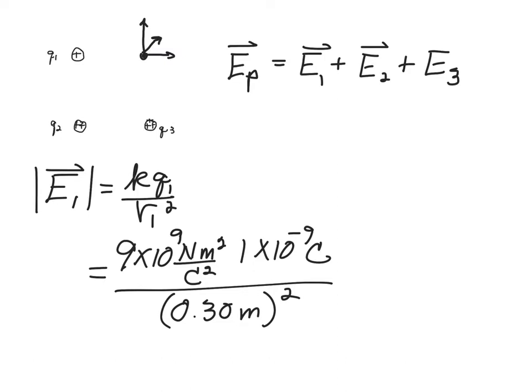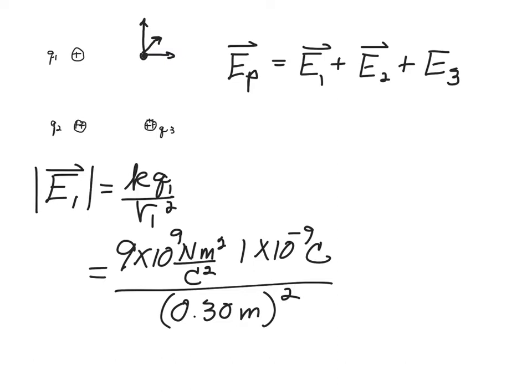It's just the numbers are a little more rounded, so I'm going to use 9 times 10 to the 9th newton meters squared per coulomb squared. Notice I got the number and the units. Okay, now here I have 1 nanocoulomb, so I have to put it in units. So 1 times 10 to the minus 9 coulombs, and then it's divided by the distance. That has to be in meters, so the 30 centimeters is 0.3 meters, and it's squared.